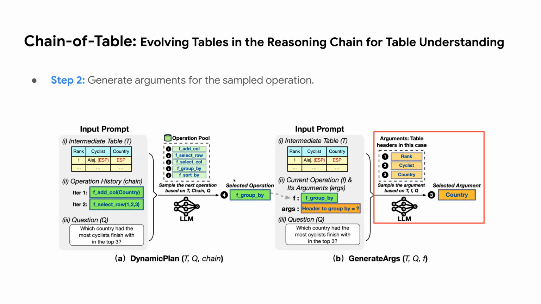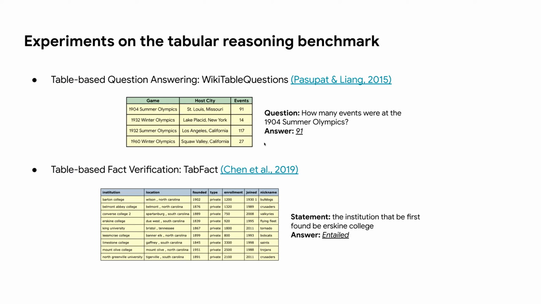The other one is about the question type. Some of the questions are really tricky, and it's not tabular reasoning. For example, for this wiki table question, in the upper part, assuming our question is not how many events, or where this event happened, something like this, that is reasoning.